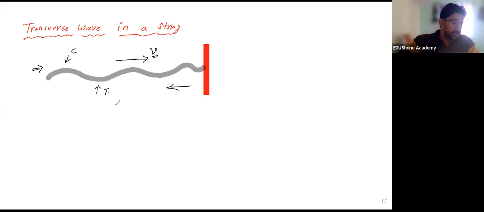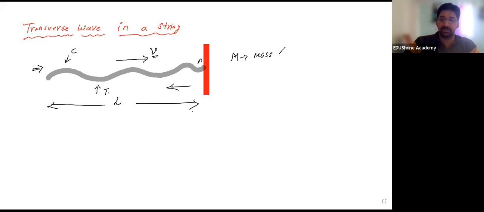Now consider a uniform string of length L. Let it be stretched between the points A and B. You can also fix the other end. Let M be the mass of the string, taken as a capital M, and T be the tension in the string.